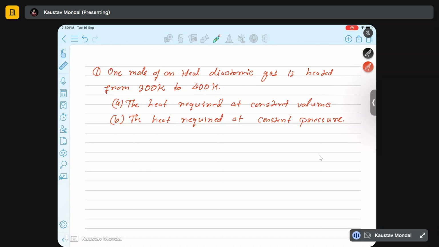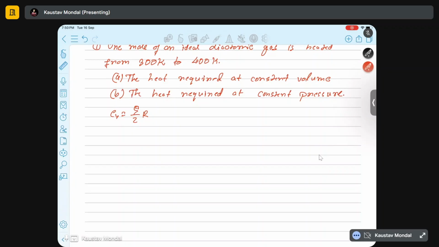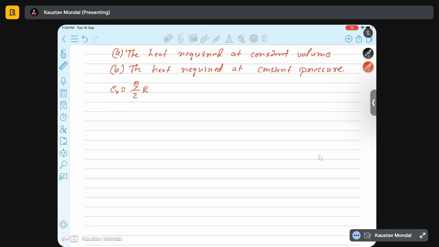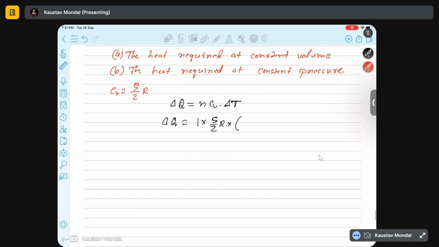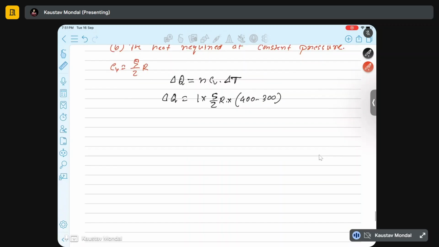So CV is given in the problem, CV is 5 by 2 R. If CV is given, the heat required you can easily calculate, because QV, the heat required, is simply n CV into delta T. Since it's 1 mole of gas, n is 1, CV is 5 by 2 R, and delta T is 400 minus 300.